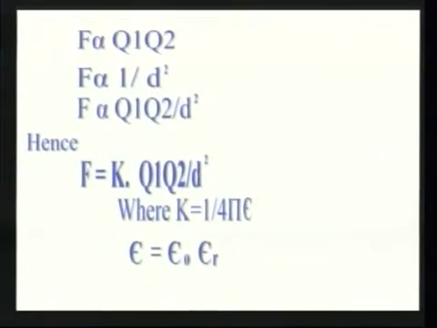This proportionality can be eliminated by a constant of proportionality k. Hence, F equals k times Q1 Q2 by d square, where k equals 1 by 4 pi epsilon, where epsilon equals epsilon naught into epsilon r.